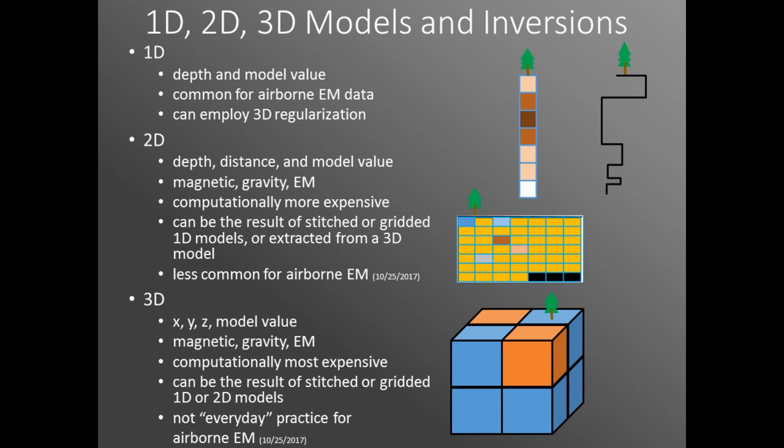By far, most common is the 1D model. And you can imagine that these results you see, and I'll show a few examples, can be the result of either combining your 1D models or your 2D ones. I forgot to mention one other thing. It's also common when you look at a 2D model, it might just be a cross-section removed from a 3D space.